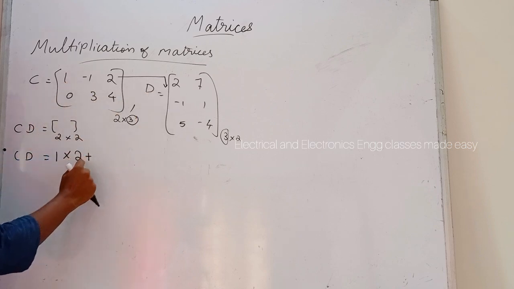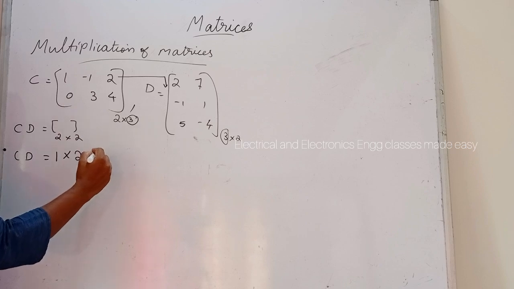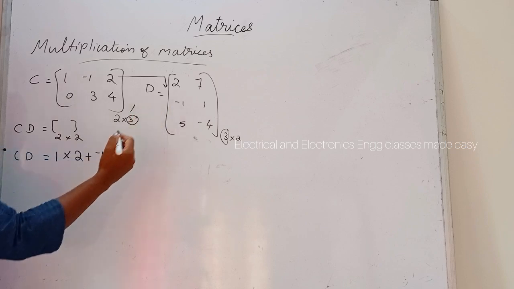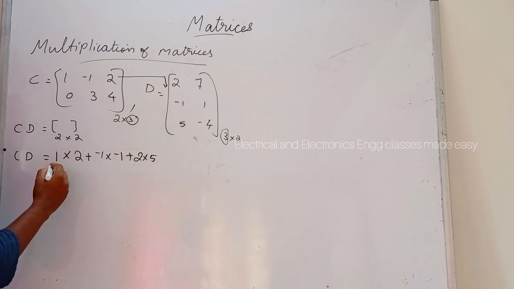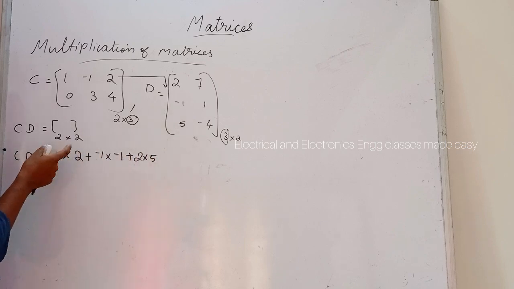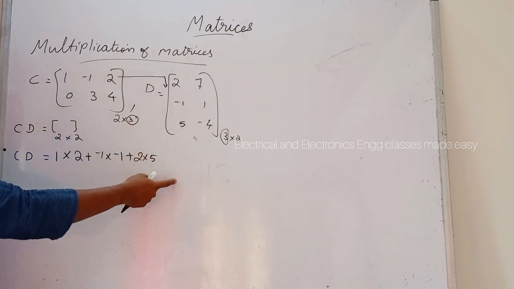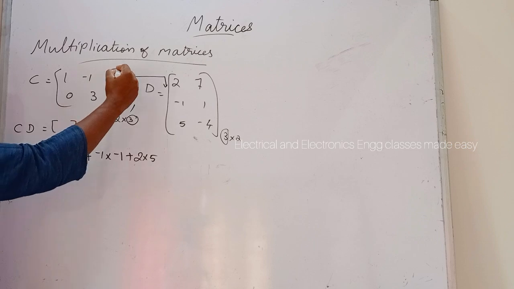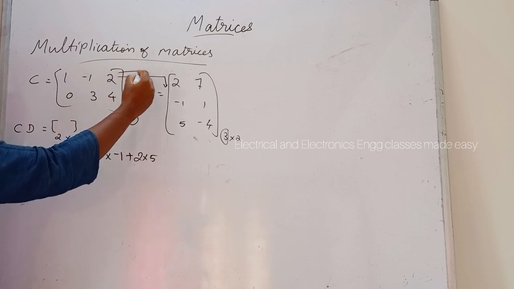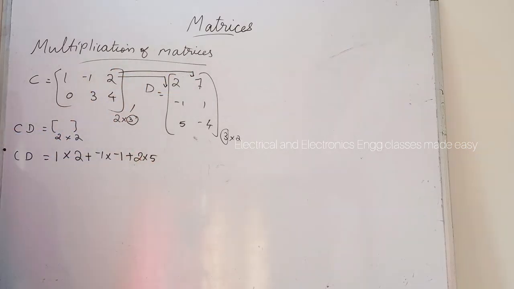So 1 into 2 plus minus 1 into minus 1 plus 2 into 5. So this is the first element of the resultant matrix. Then to get the next element, take the first row and second column.